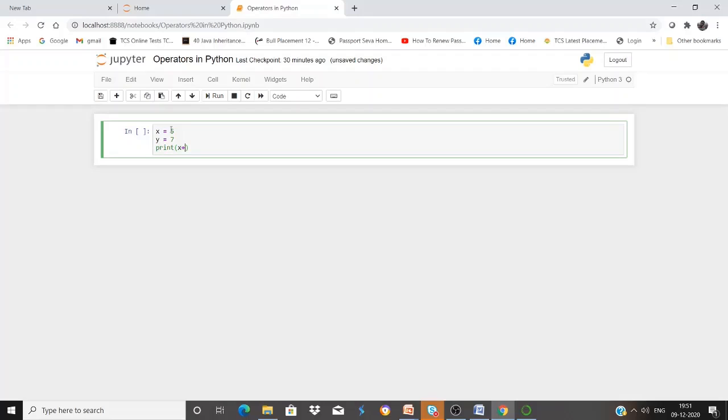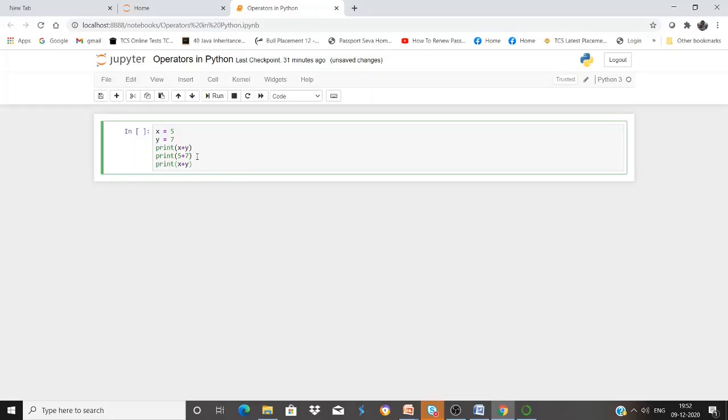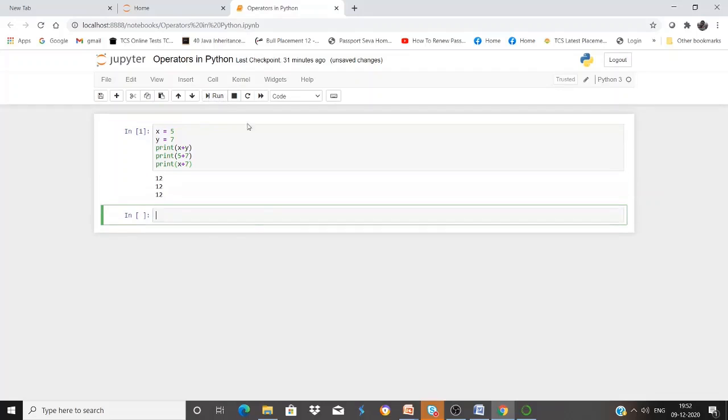Let's run the cell and we get the expected output in each of the cases.